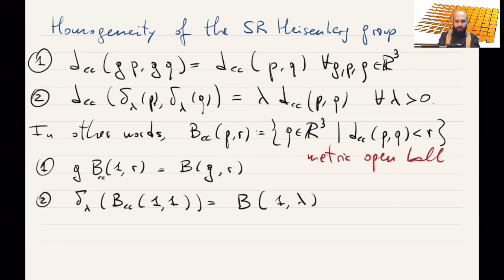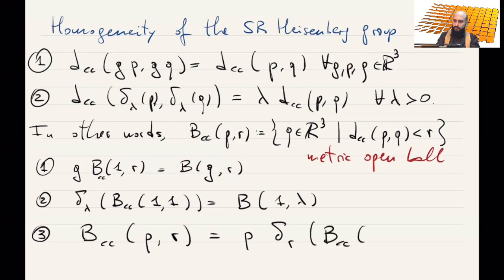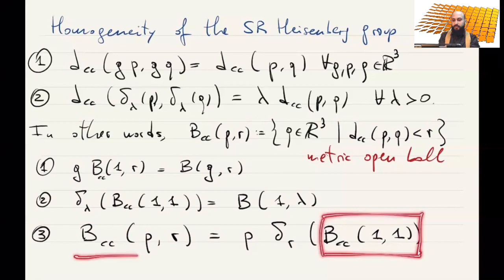So if I put these two things together, I have a formula for the arbitrary ball centered at P and radius R. To obtain it, I should just translate on the left the dilated ball by R of the CC ball centered at the origin, radius 1. So this in particular tells me that if we know the unit ball at the origin, then we actually know every other ball.